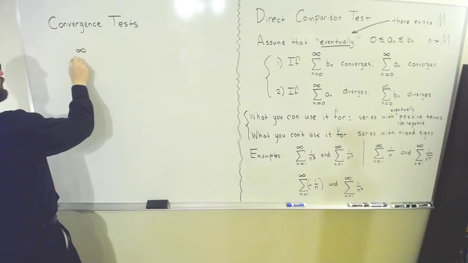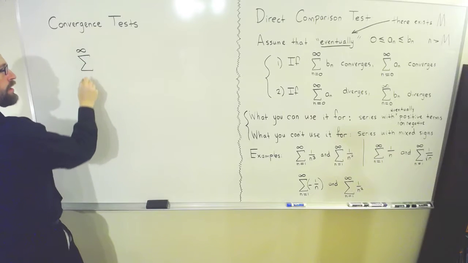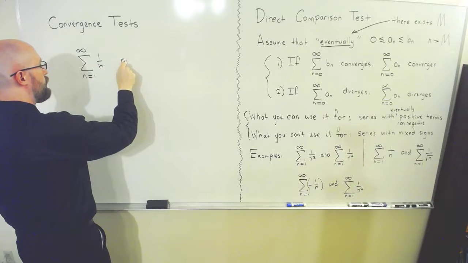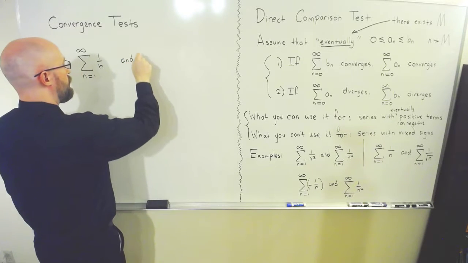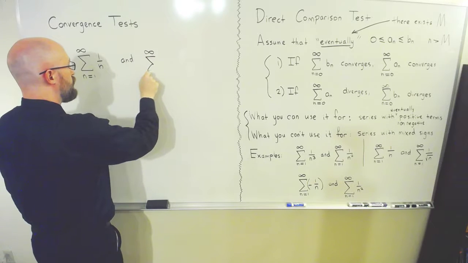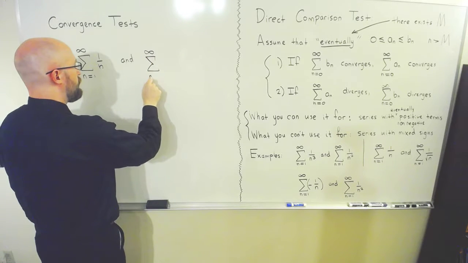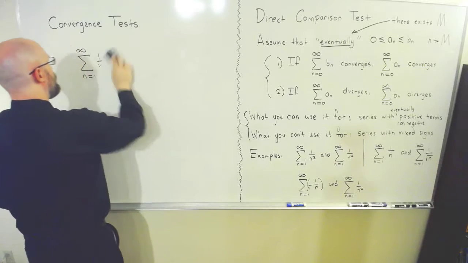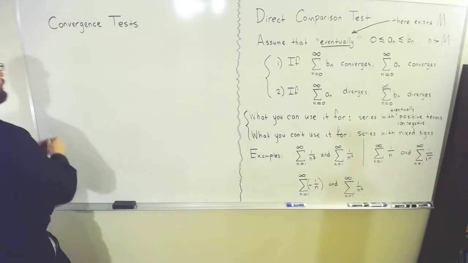So here I'm going to compare the harmonic series to something that has a square root in it. So this will be n equals 1. Let me move this over so I have room to write my an and bn there.